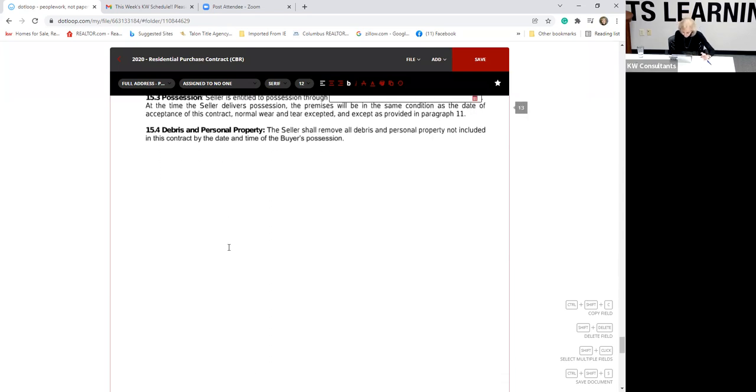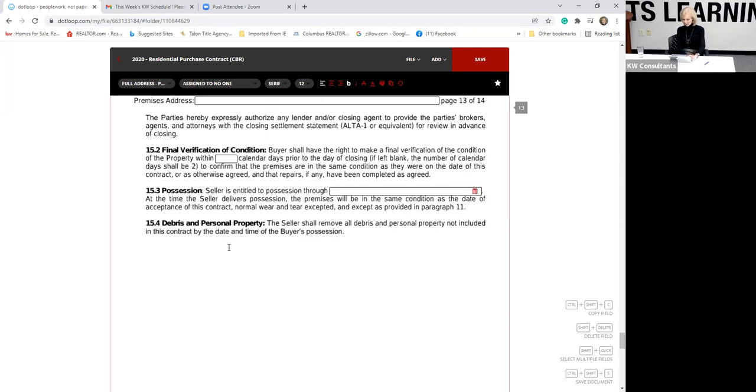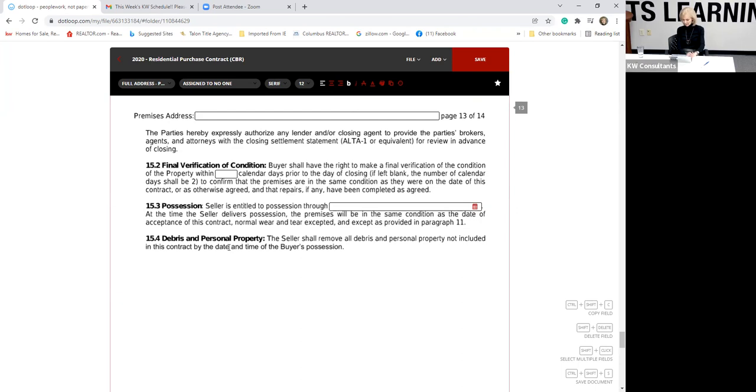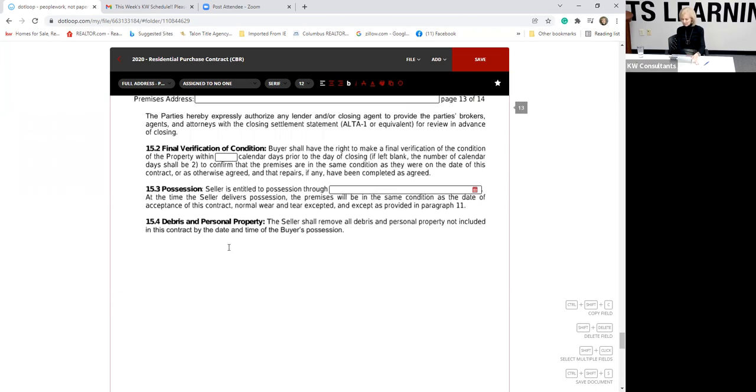Debris and personal property: the seller shall remove all debris and personal property not included by the time and date of the buyer in possession. They don't always do that, and there's not much you can do after the closing. So when you go through for that final verification of condition, you might want to check that it's satisfied right there.